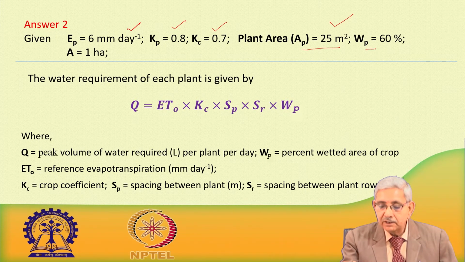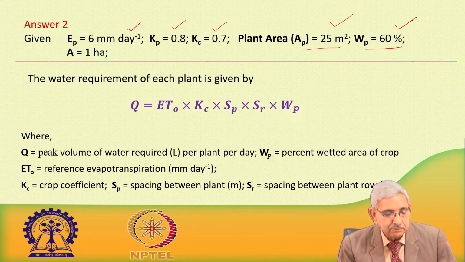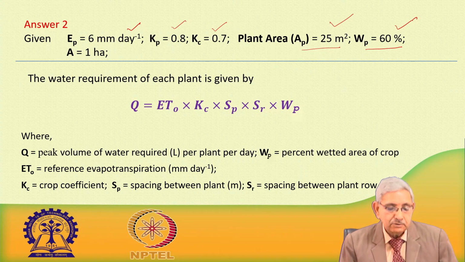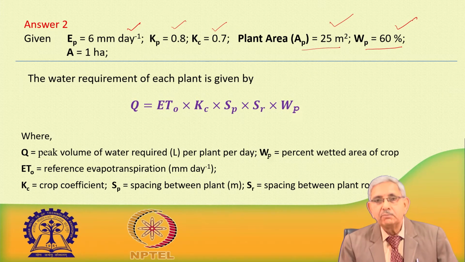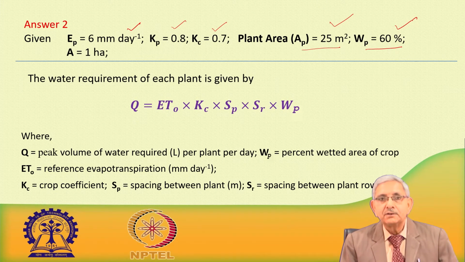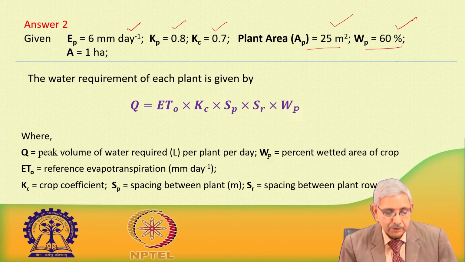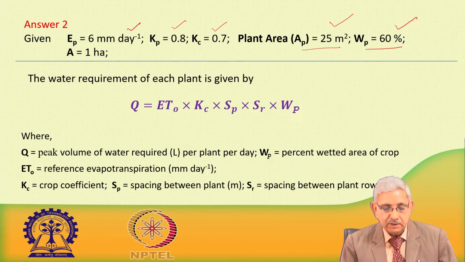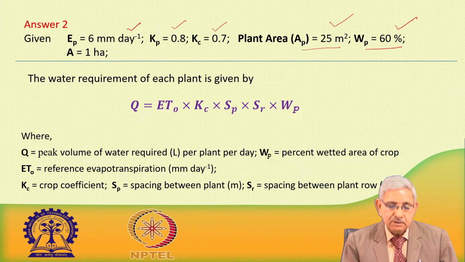When the plant is at the fully mature stage, 60% wetting is being done, and the total area where the plantation is done is 1 hectare. So, the water requirement of each plant can be estimated by using this expression, ETo.